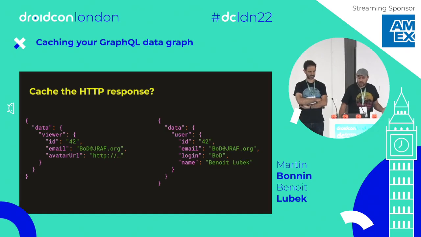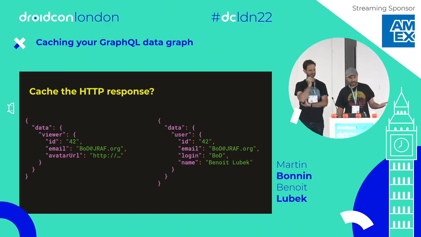Another thing you could try is just store the JSON payloads directly, so cache the HTTP response. That could be good, because that's an easy way to do it. So it's simple to implement, simple to reason about. If you do this with OkHttp, it basically comes for free. But again, that's not really ideal.